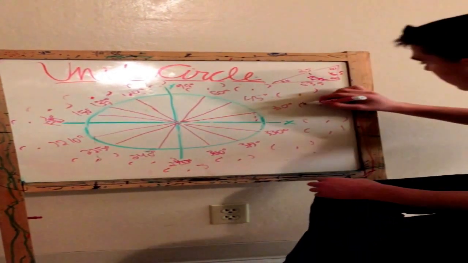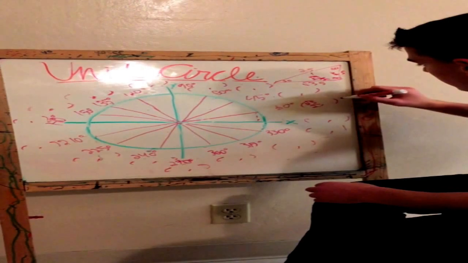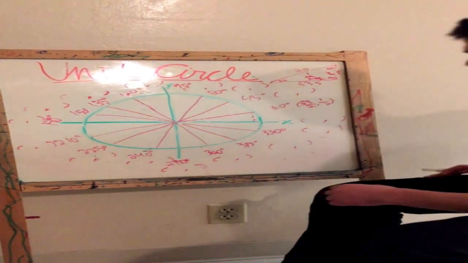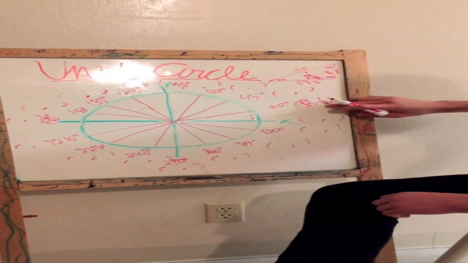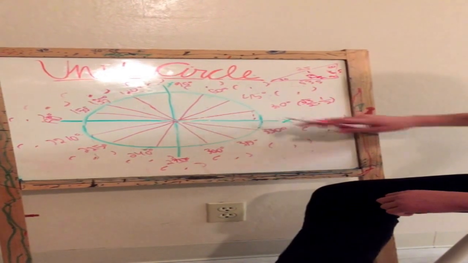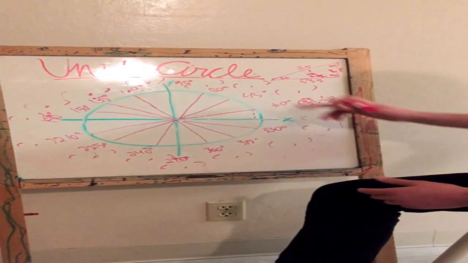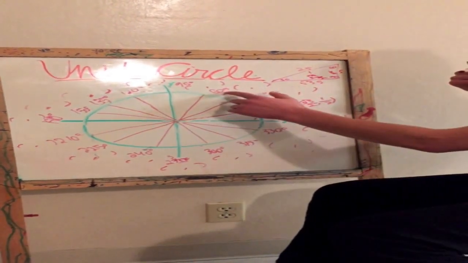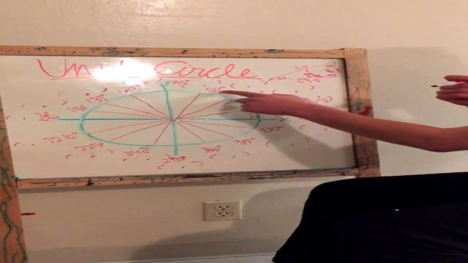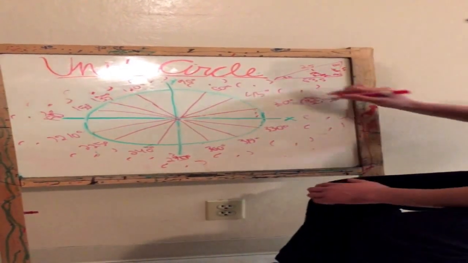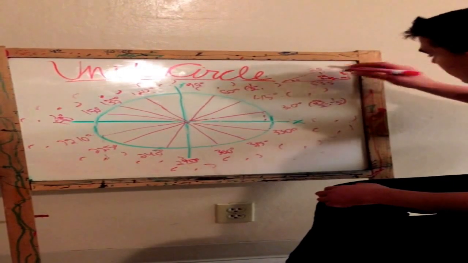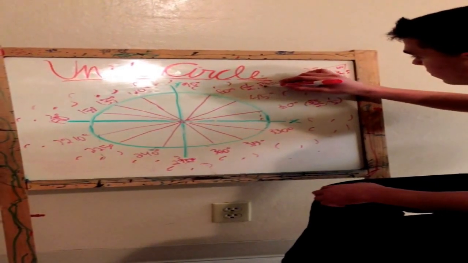Now using that, we know that this side is 1/2, and this side is root 3 over 2. We can say the same thing for a 60-degree triangle, except opposite, because it's the 60 side and not the 30 side. So it would be 1/2 and root 3 over 2.